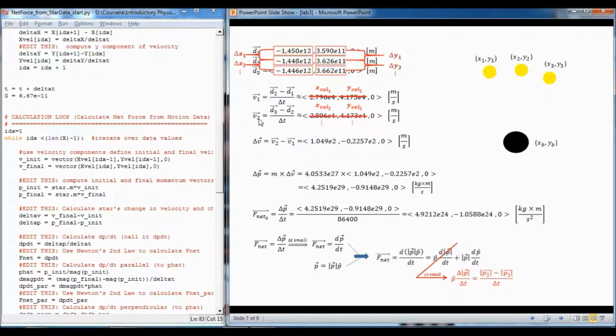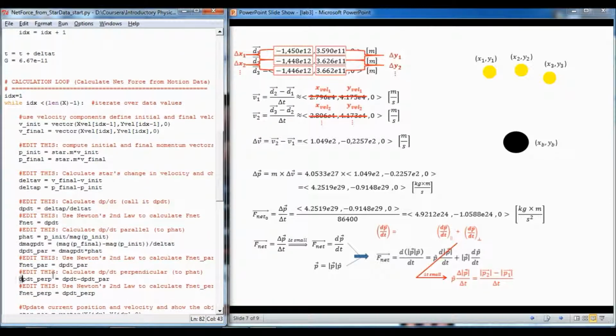I know V2 and therefore P2 and therefore its magnitude, the same for P1, and this code calculates this equation. So I find dP/dt parallel right here. Okay, I find dP/dt right here, and if I subtract this part from this part, I get dP/dt perpendicular right here.